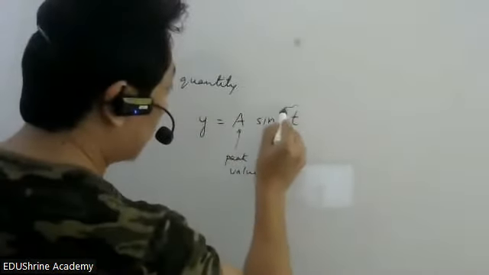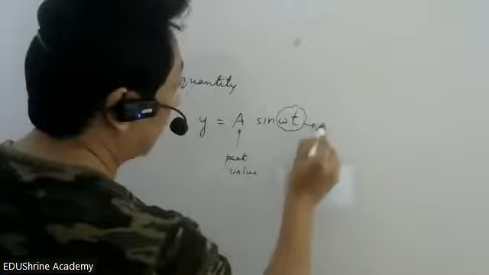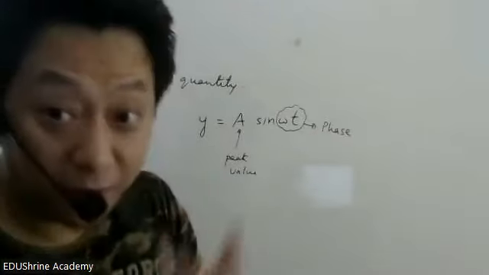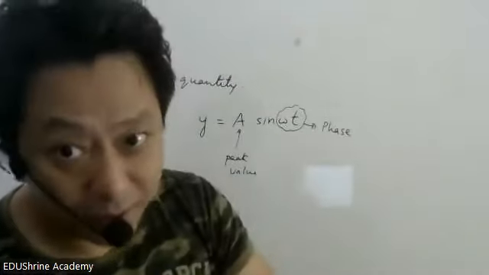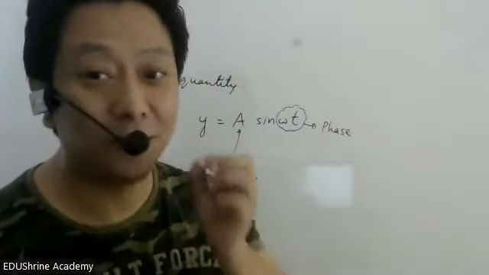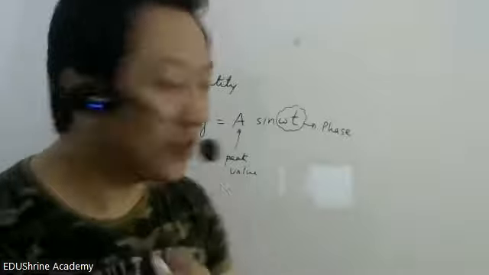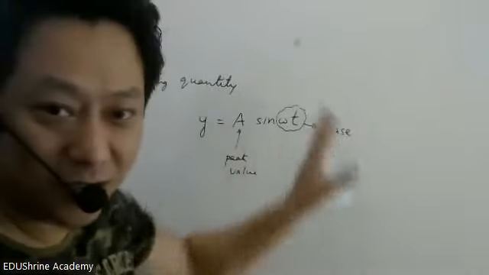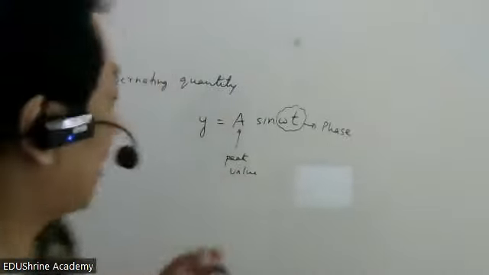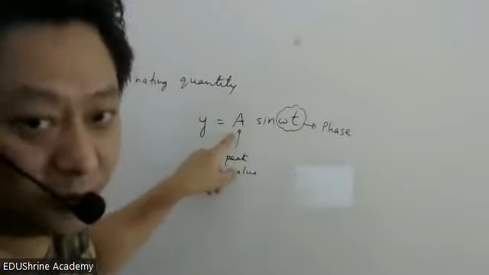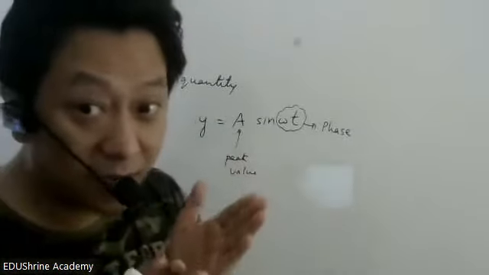And who remembers what this angle is called? Phase. Since vectors used to have magnitude and direction, and we used to represent vectors by an arrow, similarly alternating quantities, as we can see in this formula, have amplitude and phase. Phase is an angle.